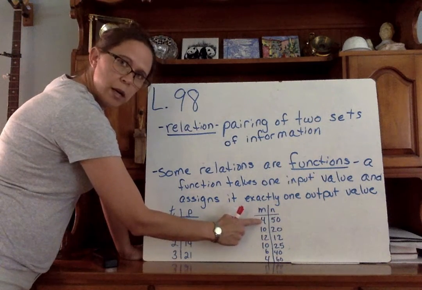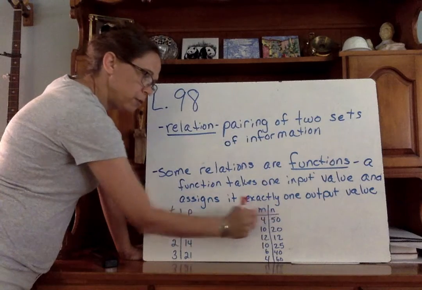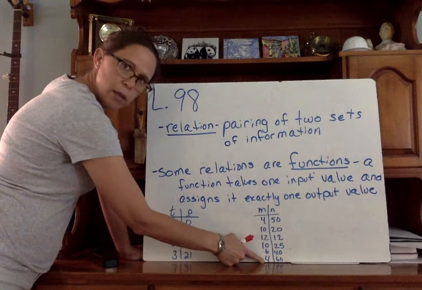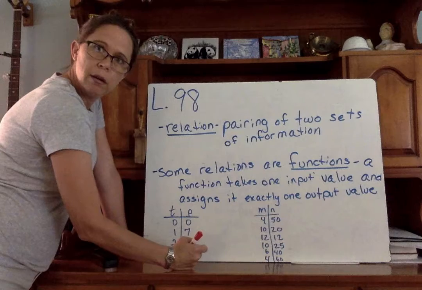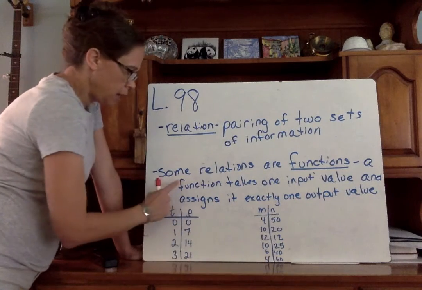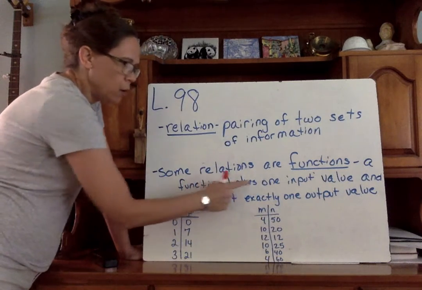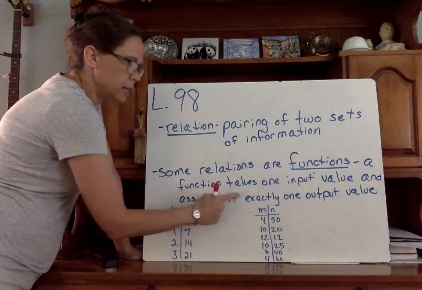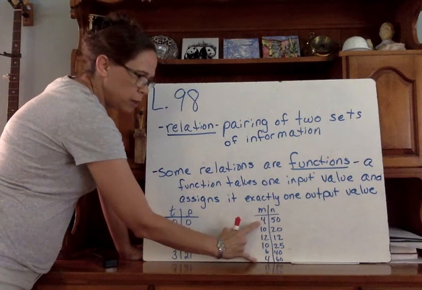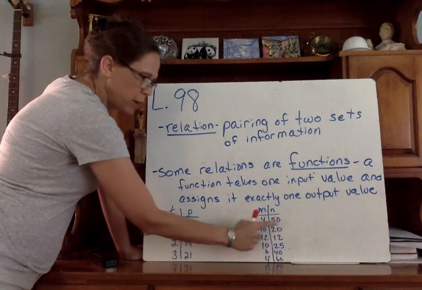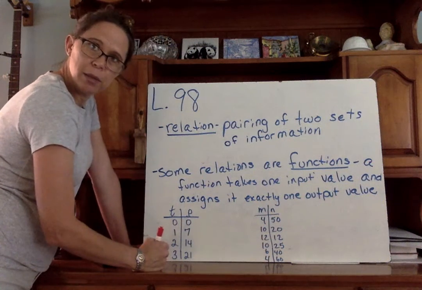On this day when he got here 4 minutes early, 50 kids were there. On this day when he got there 4 minutes early, 60 kids were there. We do not have this situation. One input value assigns exactly one output. On this one, when we have 4 as an input, we have 50 and 60 as outputs.